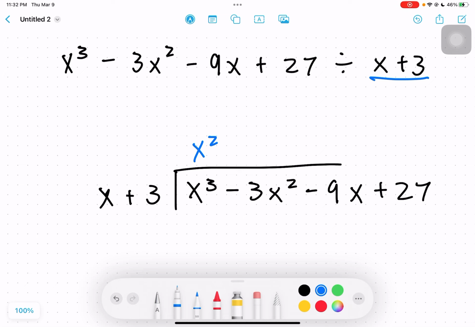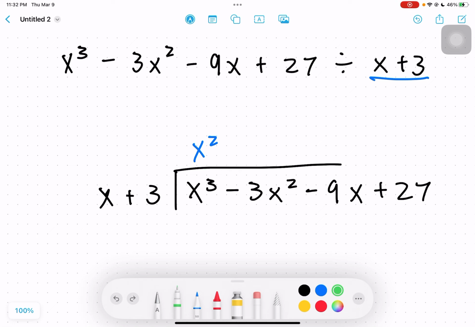Do you get it? Because there's an invisible 1 here, and 3 minus 1 is 2, so it becomes x squared.